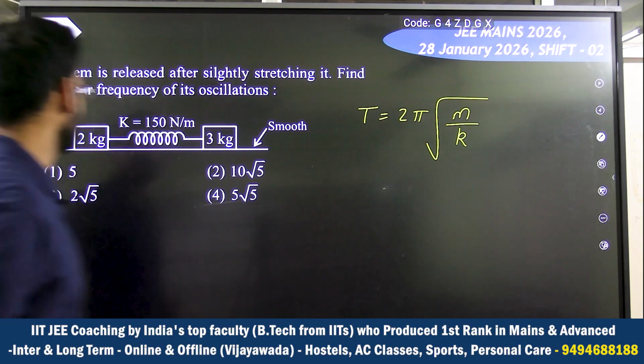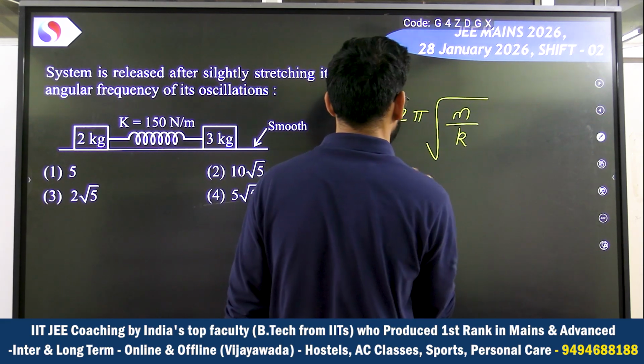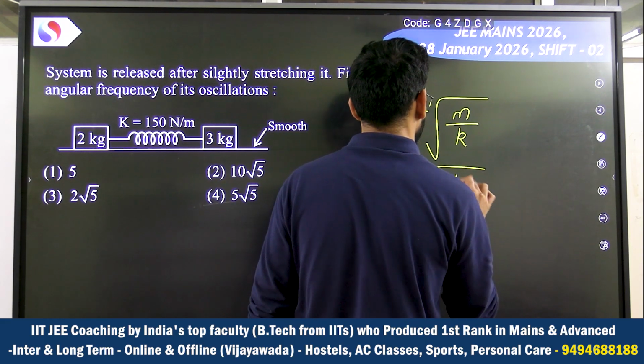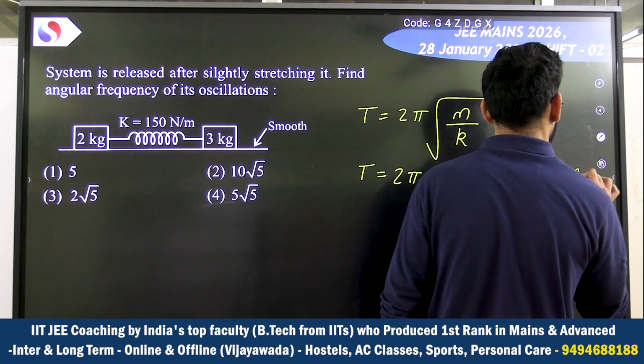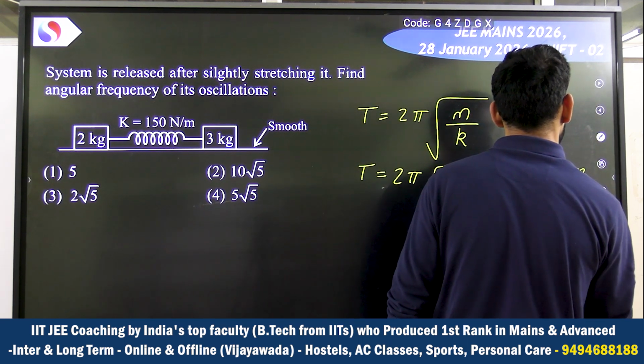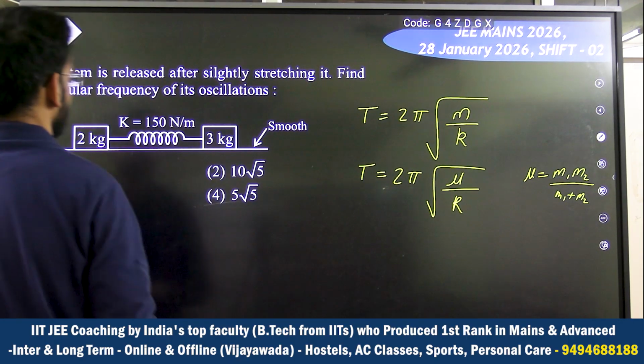And when we have 2 blocks, we say 2 pi under root mu by k. What is mu? Mu is the reduced mass, m1 m2 by m1 plus m2. He's not asking for the time period, he is asking for the angular frequency omega only.